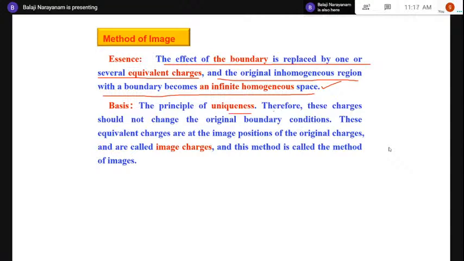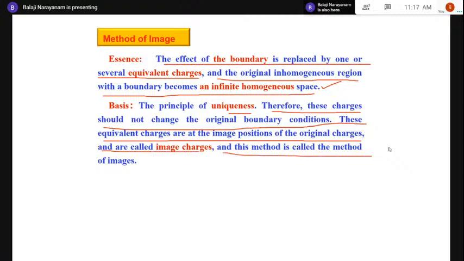What is that? Therefore, the charges should not change the original boundary conditions. These equivalent charges are the image positions of the original charge and are called image charges, and this method is called the method of images.